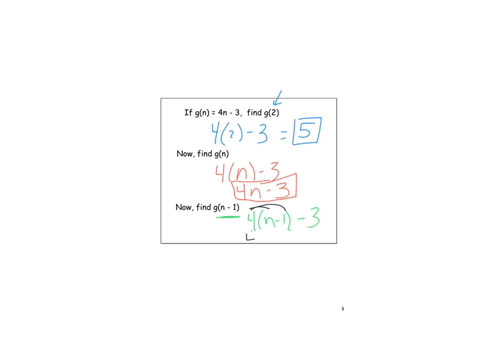We get 4n minus 4 minus 3. And then what also happens here, again something we haven't reviewed yet, but we will, is combining like terms. Hopefully you remember what those are. We get 4n minus 7 as our final answer. So definitely a little bit more work, but hopefully nothing crazy yet.